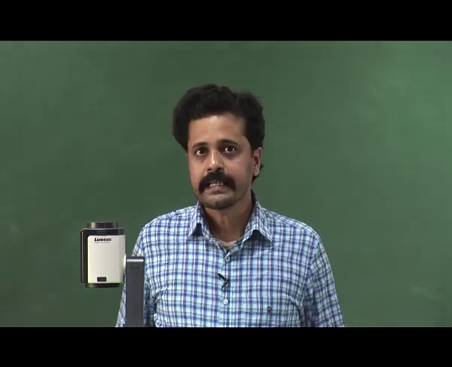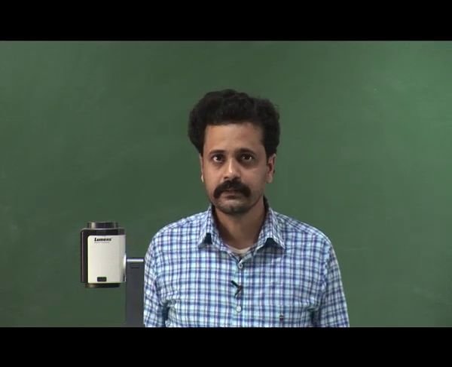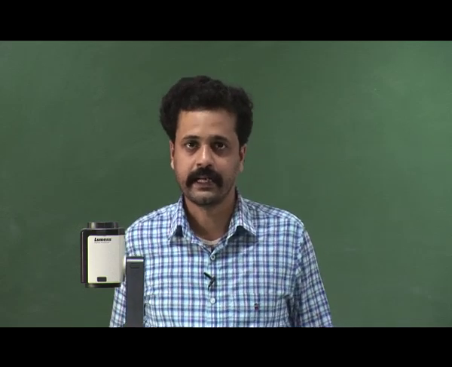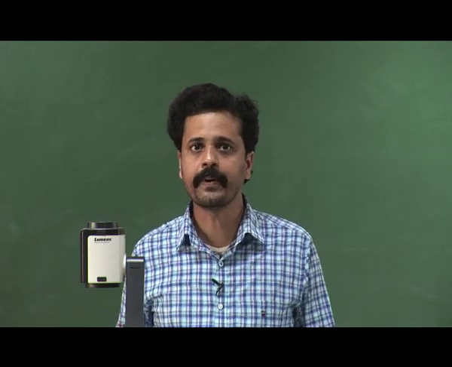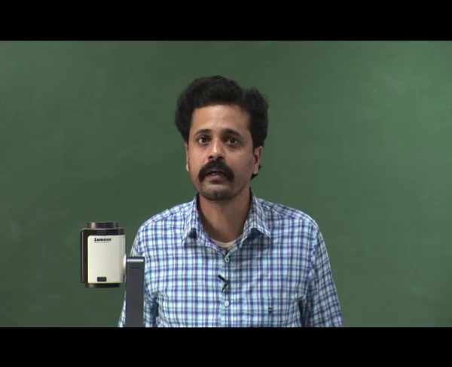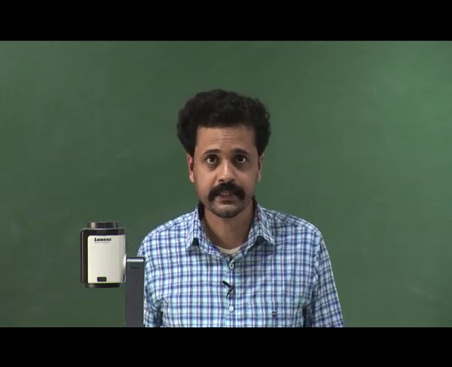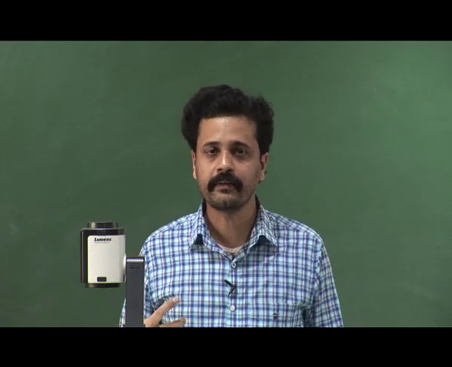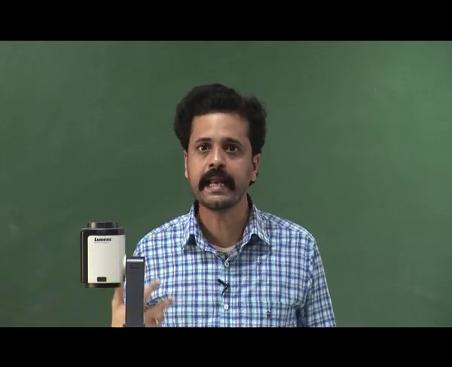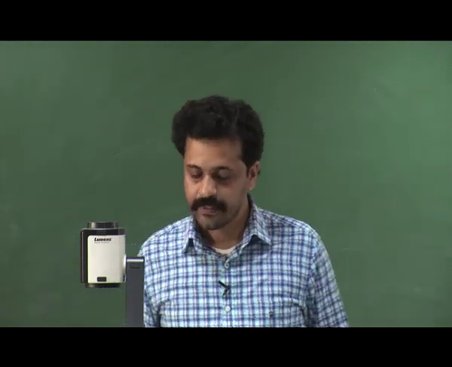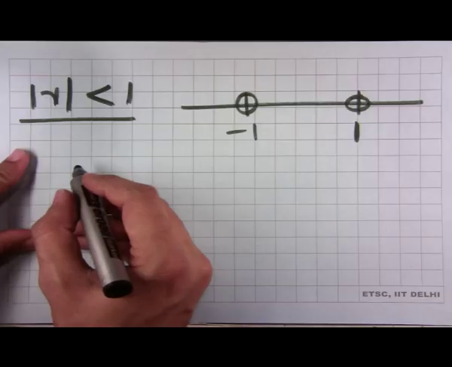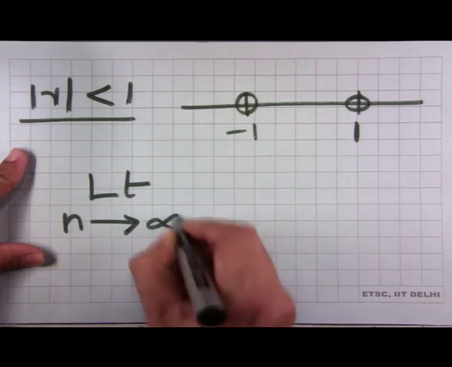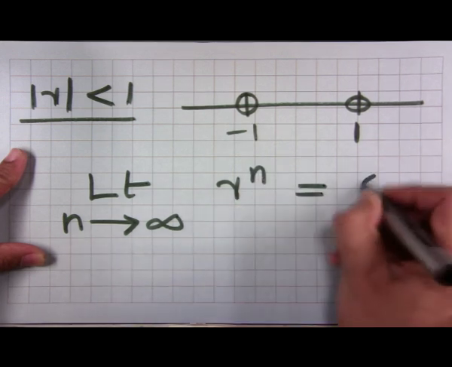So, as n becomes larger and larger, r power n, that is 1 by m power n, becomes smaller and smaller. Do you see it? Because in 1 by m power n, the denominator becomes large as n becomes larger. So, my conclusion is that in this case, limit n tending to infinity r power n is 0.